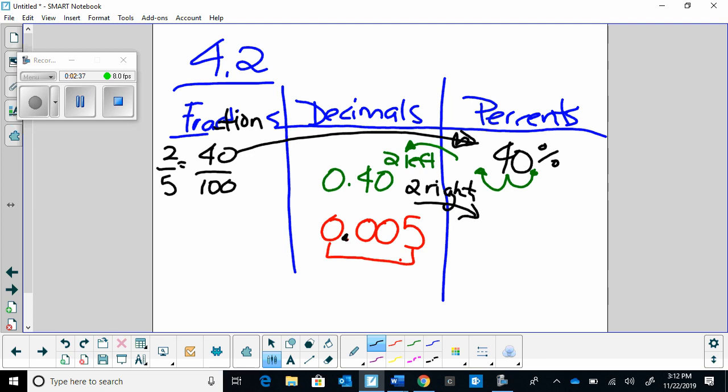So I take this decimal point and move it bounce once, bounce twice. There's my new decimal. As a percentage, it would be 0.5%, which is a fractional percentage that we've worked on in 4.1.